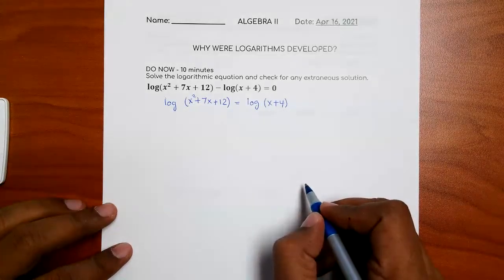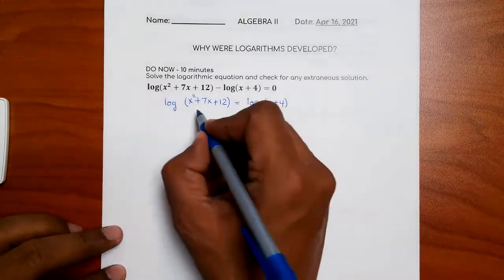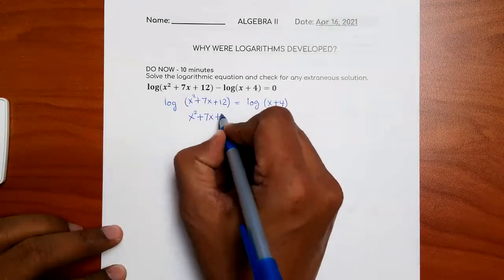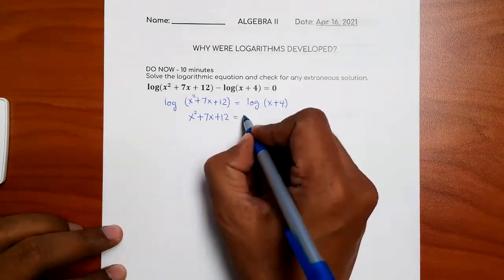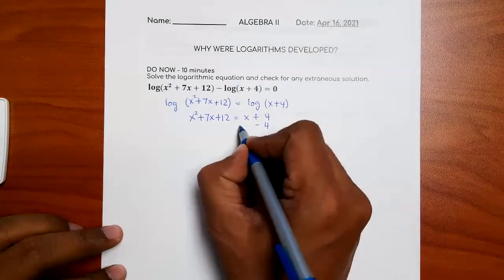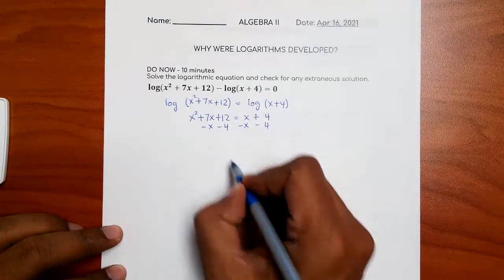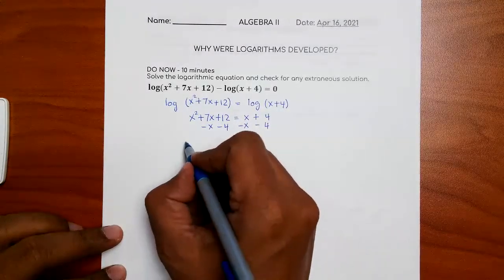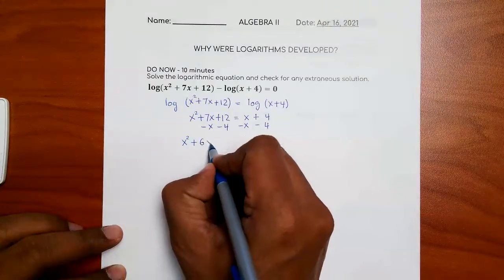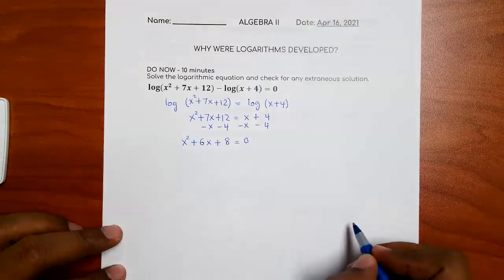Now you can see that I have log on both sides, so if I want I can remove the log. So I will have x squared plus 7x plus 12 is equal to x plus 4. Now I just remove x plus 4 from here, so I subtract x and 4 from both sides. Then I will get x squared plus 6x plus 8 equals 0.